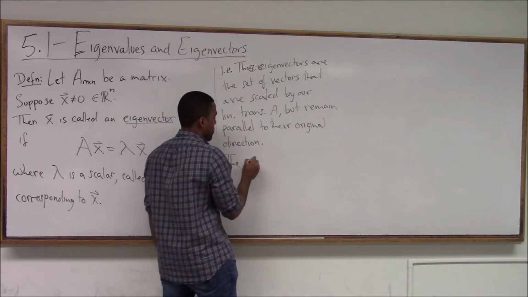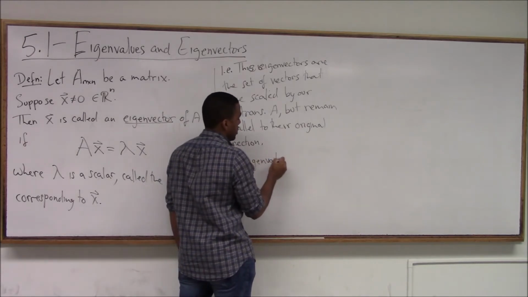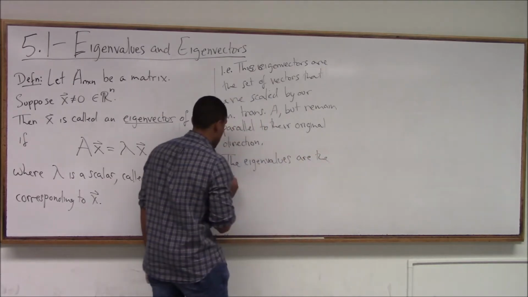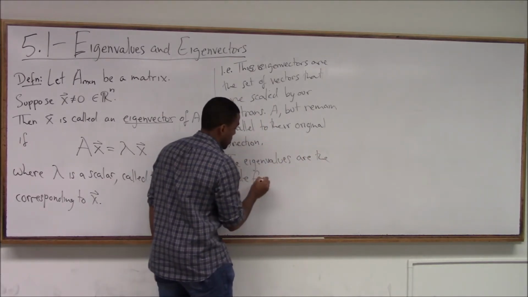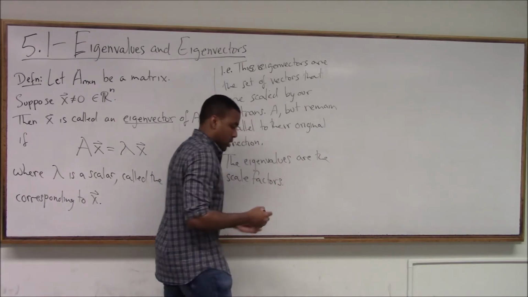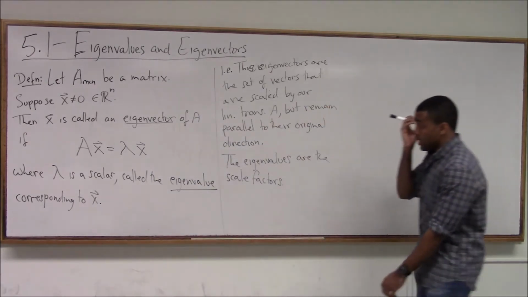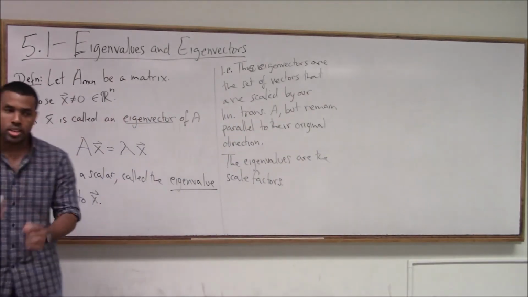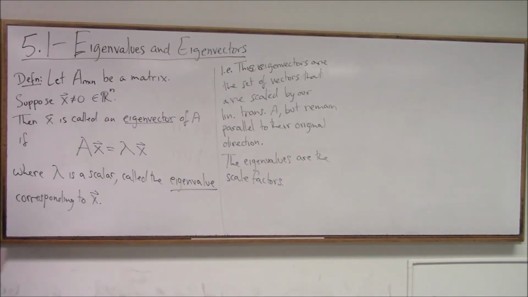The eigenvalues are their scaling factor. So remember, we can think of matrices as linear transformations, and geometrically these have an interpretation. They can move vectors around in a plane. You can use matrices to rotate things and project things. We saw a couple examples of that.